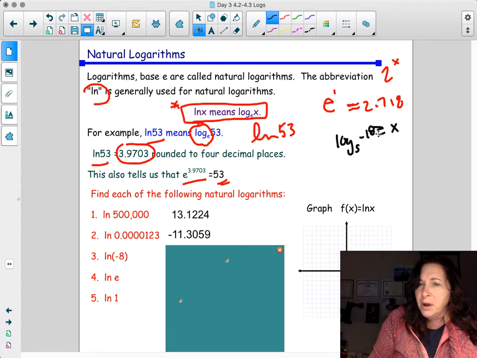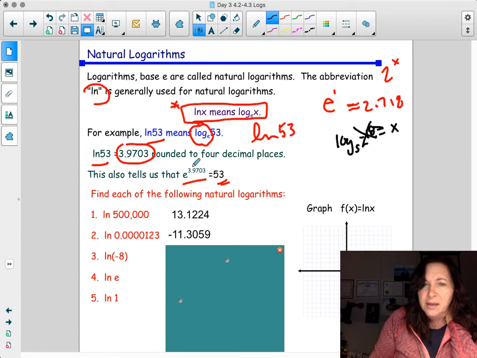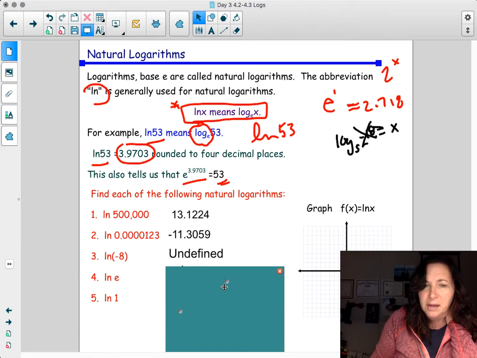This is not possible. You can't take a log of a negative. You cannot take a log of a negative argument. So for this problem, it doesn't work, and you end up getting undefined.